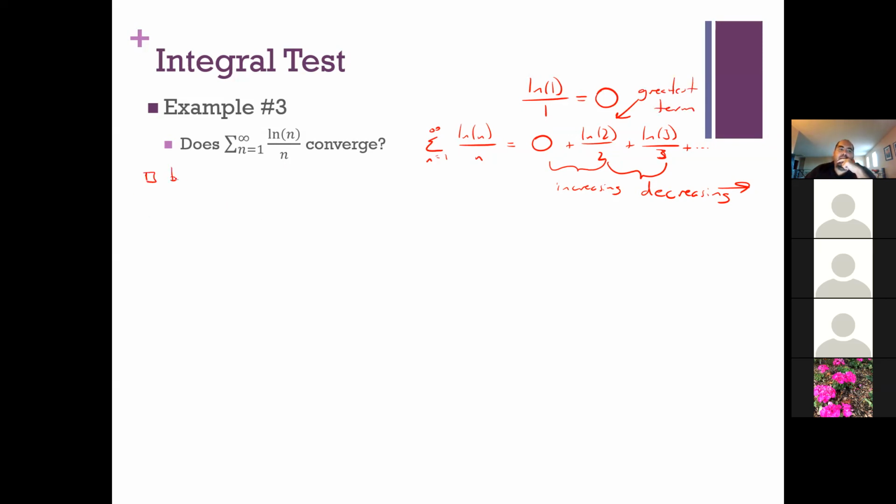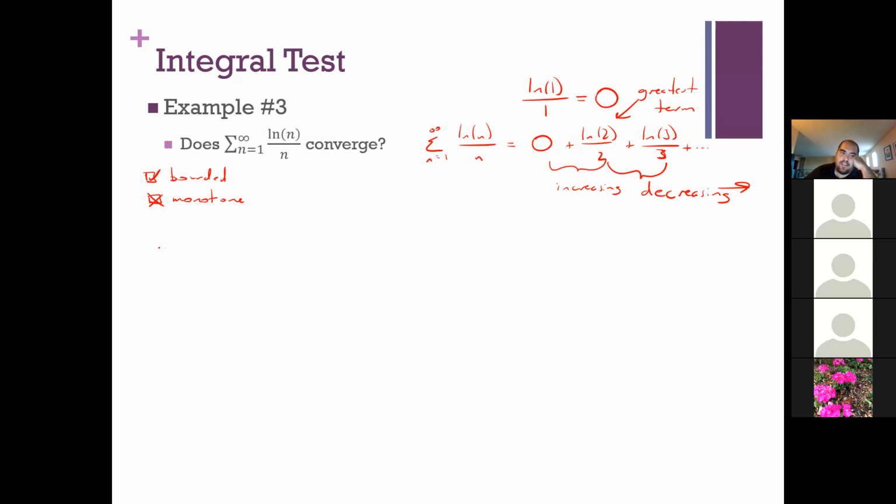So it sounds like it's bounded. Is it monotone? No. So we cannot prove that it converges using that argument, but it still might converge. We still might be able to use some other argument.